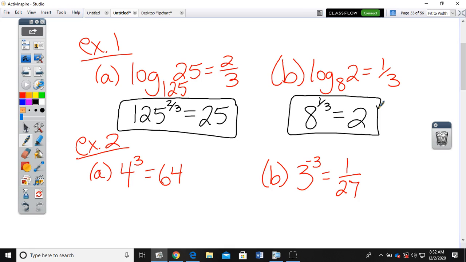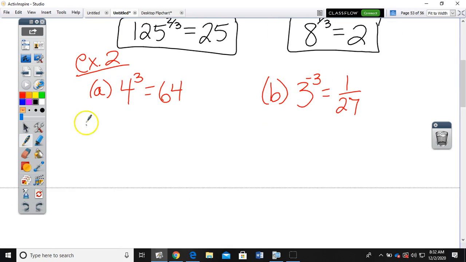These are exponent forms, and we're going to write them in log form. Okay? So, log of, what's my base? 4. So log base 4 of what? 64 equals 3.